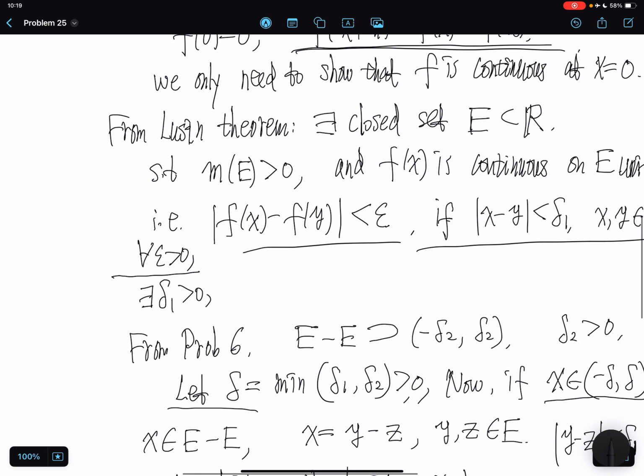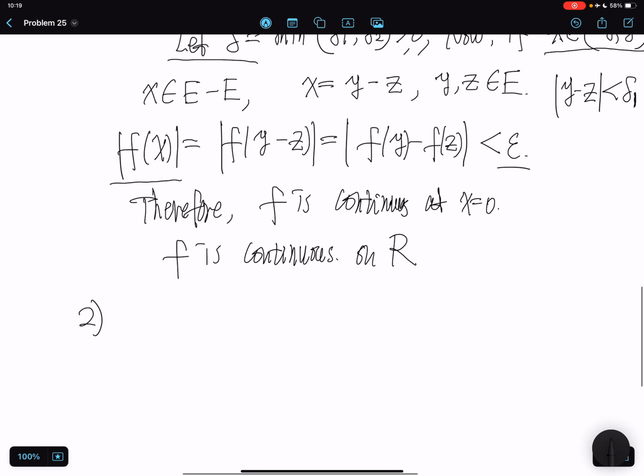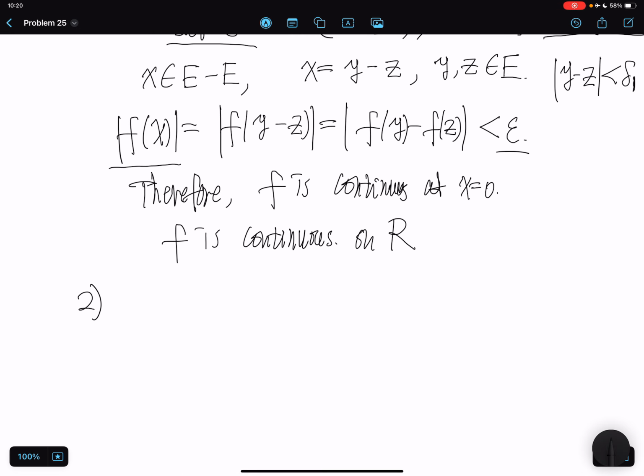Okay, so now the second part is pretty straightforward. f is continuous on R, and we want to find out the value of f at p over q, where p and q are integers. So basically we want to find out the value of f at the rational points.